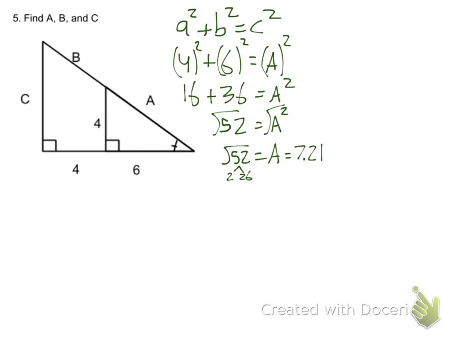Now, I see that 26 is also divisible by 2. 2 and what? 13. I've now broken it down to the smallest factors, or the prime factorizations, because 2, 2, and 13 cannot be broken down anymore. Correct? So now, this is what I do.